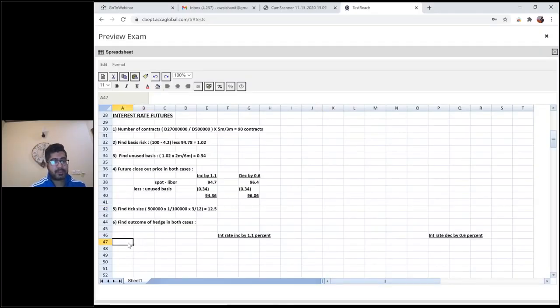So it's actual cost of borrowing or actual return on deposit. Here it's actual return on deposit.